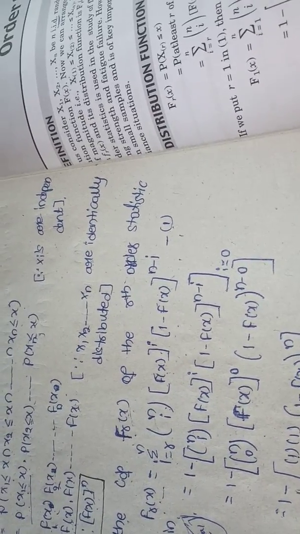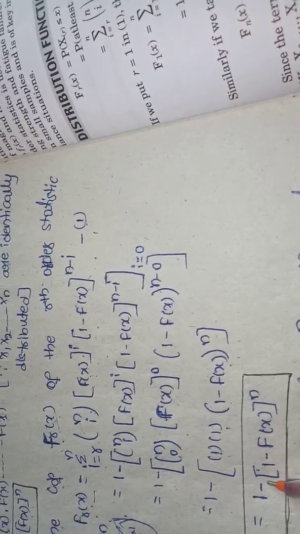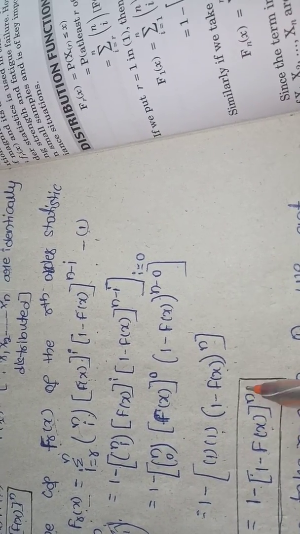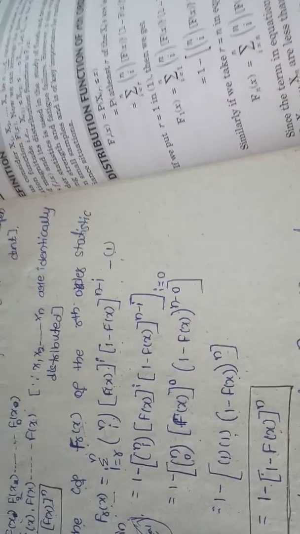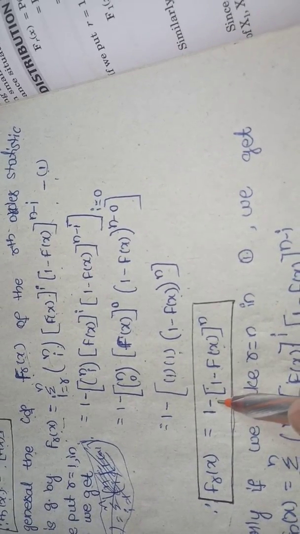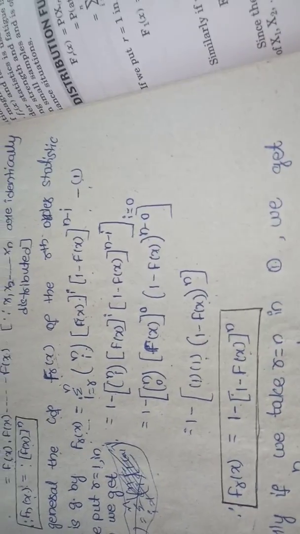So finally what you are getting is 1 minus (1 minus F(x)) whole power n. So this is the rth order, F1(x) equals 1 minus (1 minus F(x)) whole power n.